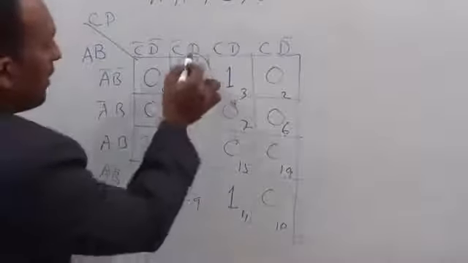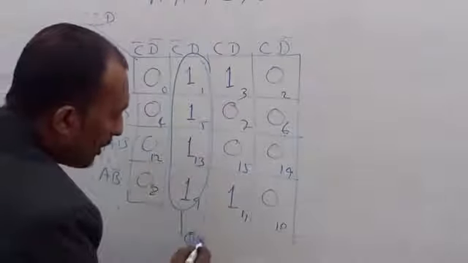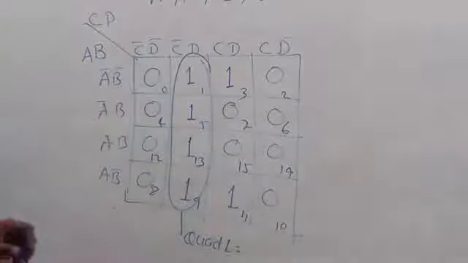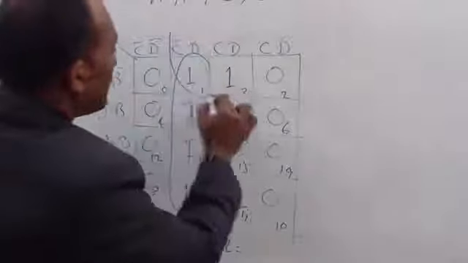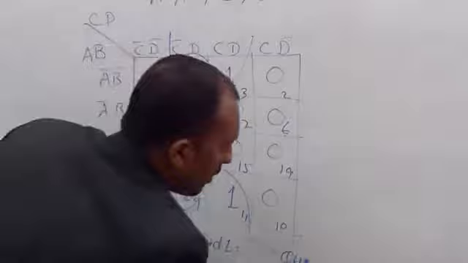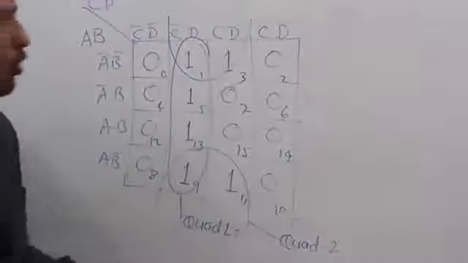For this there are 4 adjacent ones, so this is quad 1. Now you can see these 2 and these 2, another quad, quad 2. Now there is no one left in the K-map, so we finally have 2 quads.